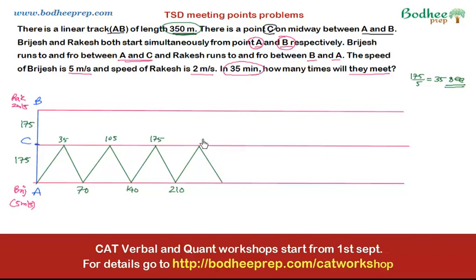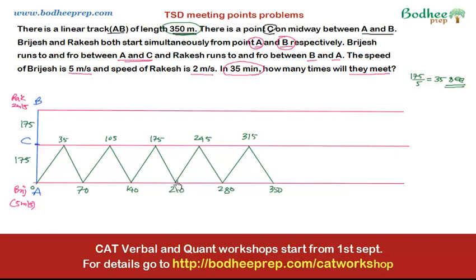This would be 245, 280, and at last there are two more times I have to draw. So it would be 315, and this would be 350. So these are the time intervals in which Brijesh would be found either at point A or at point C, right? Starting from 0.